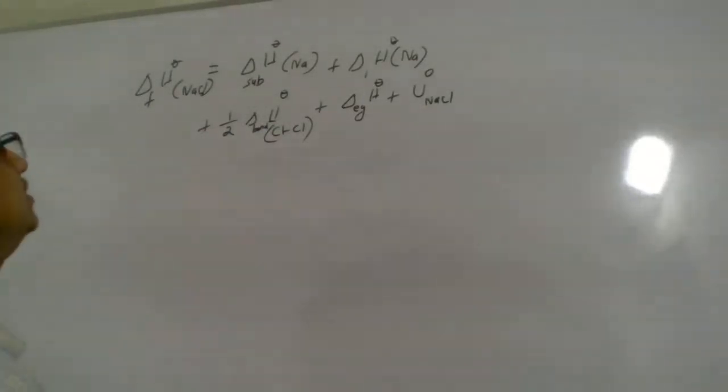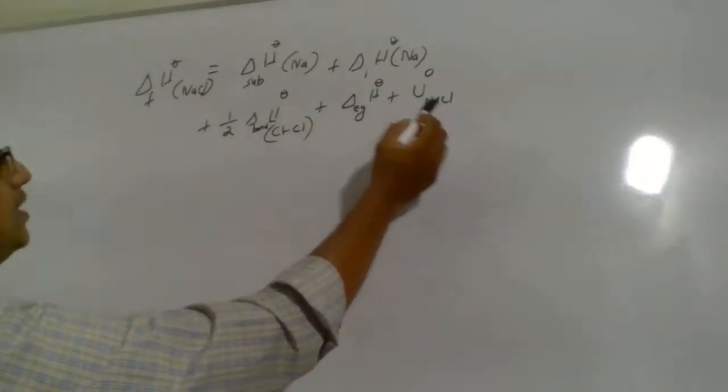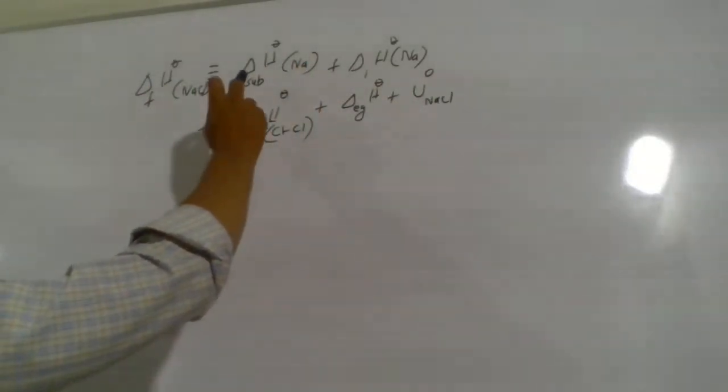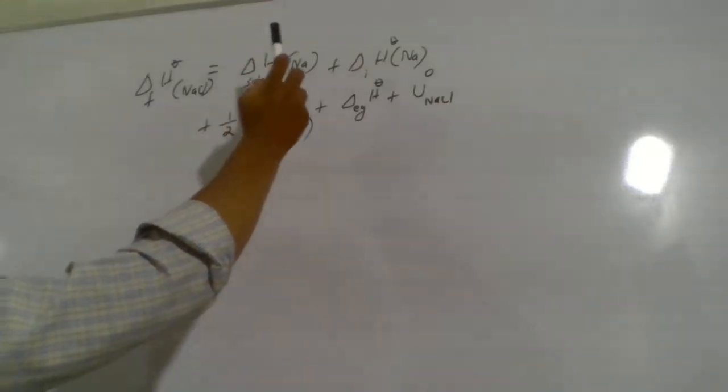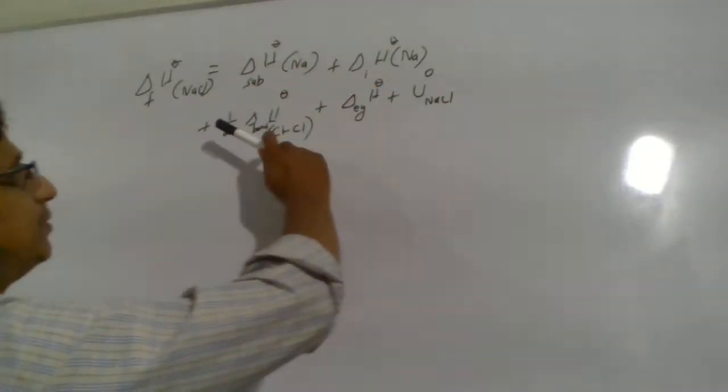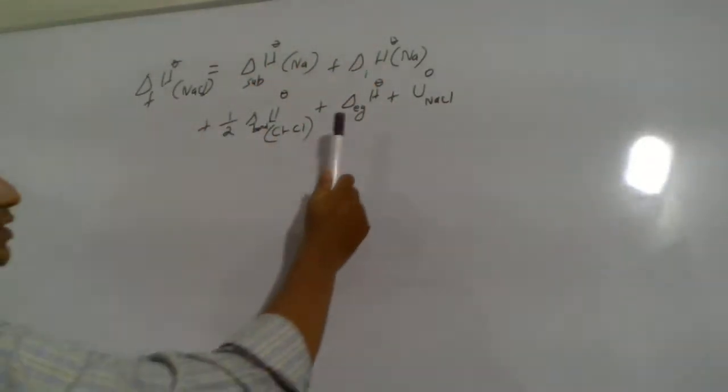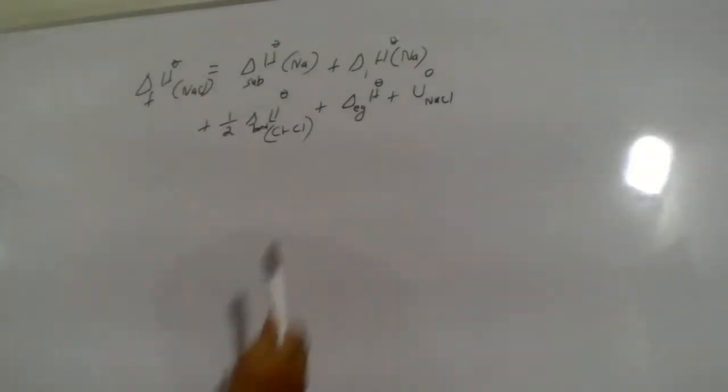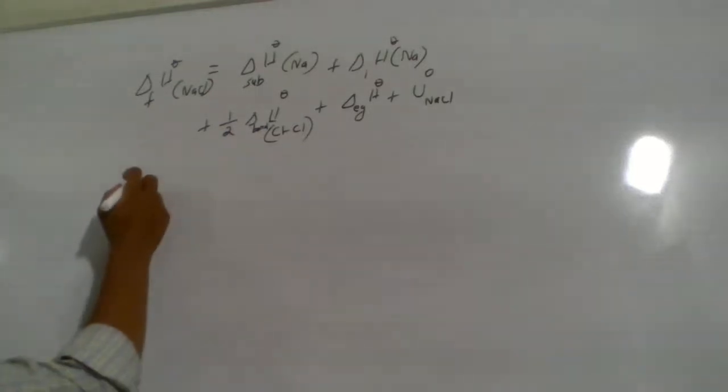Born-Haber cycle. Here, what are the data they have given? They asked you to find lattice enthalpy. Delta H formation of NaCl is given, sublimation enthalpy is given, ionization enthalpy is given, half bond dissociation enthalpy value is given, electron gain enthalpy is given. So this needs to be found. So let us apply.